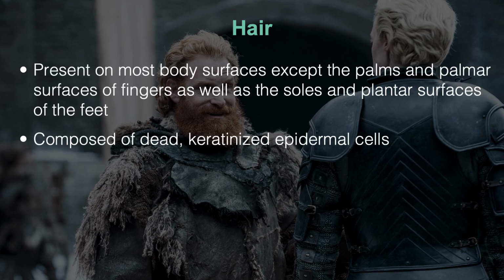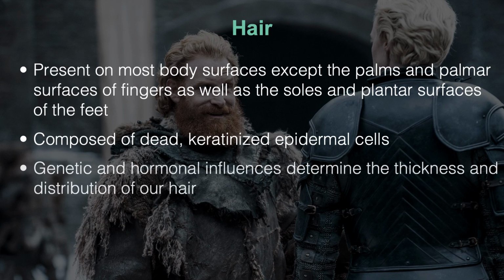So hair itself is composed of dead keratinocytes. We just spent a lot of time talking about those in the epidermis. And on the next slide, you'll see how there's these really tightly packed cylinders of keratinocytes, which is hair. These dead keratinized epidermal cells are packaged together to make hair. The amount of hair, the color of hair, the type of hair, straight, curly, fine, depends largely on hormones.